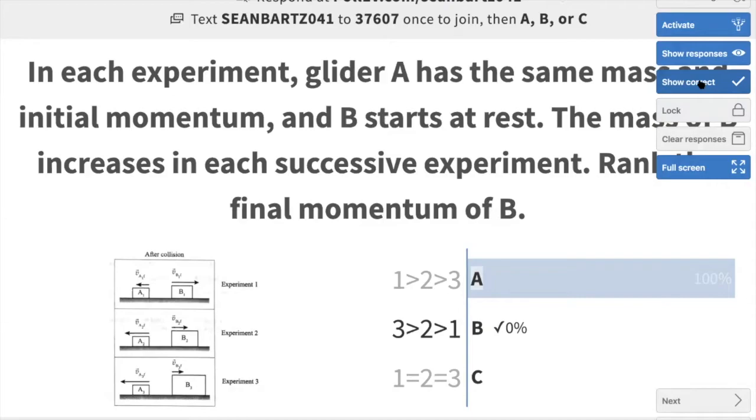It wouldn't look like it because it's not going to be moving very fast, but the mass more than makes up for that. The only way we can tell is that object A has the biggest velocity to the left, and therefore the most negative momentum in experiment 3. And so B needs to gain the most momentum in experiment 3 in order to compensate.